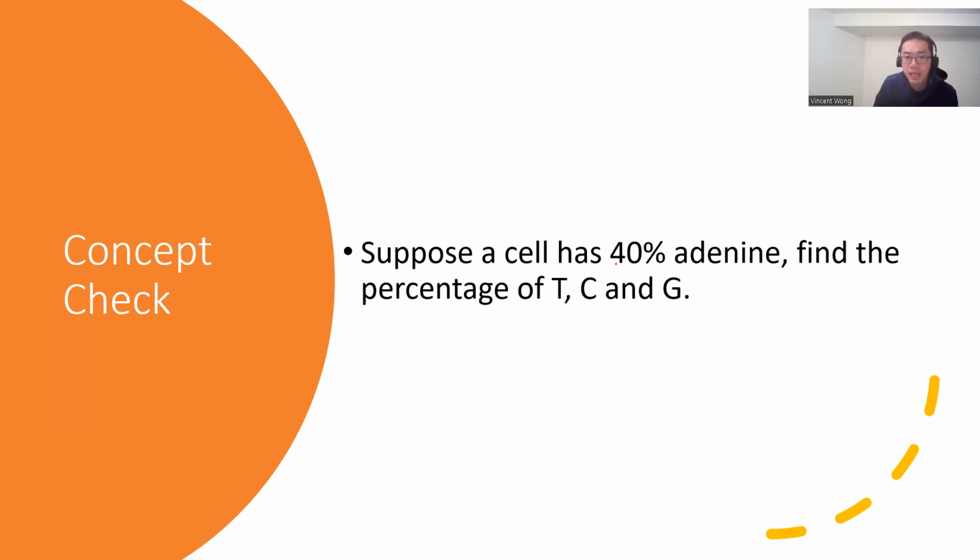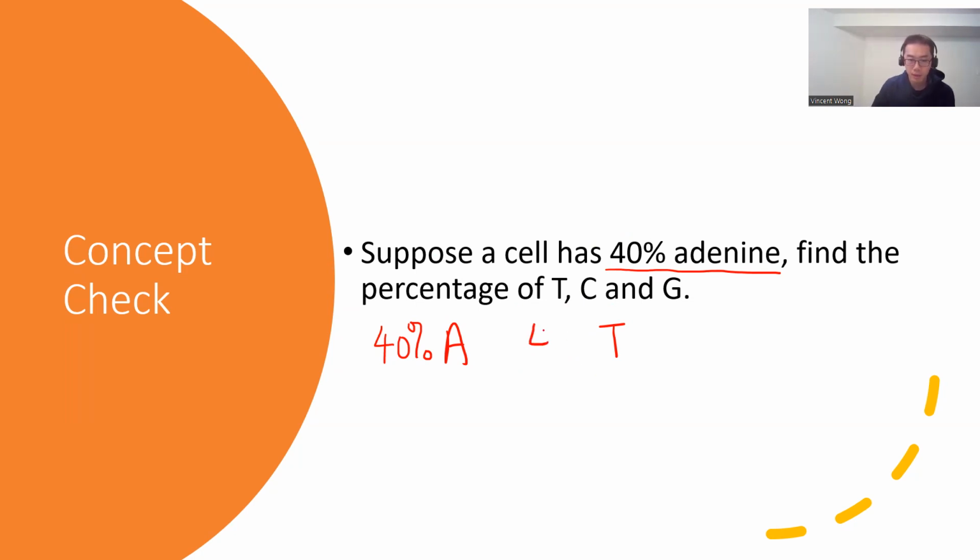Suppose a cell has 40% adenine, and we have to find the percent for the rest of them. Okay. So 40% A. What percent of T do you expect? If you have 40% A, what percent of T do you expect? 40%.